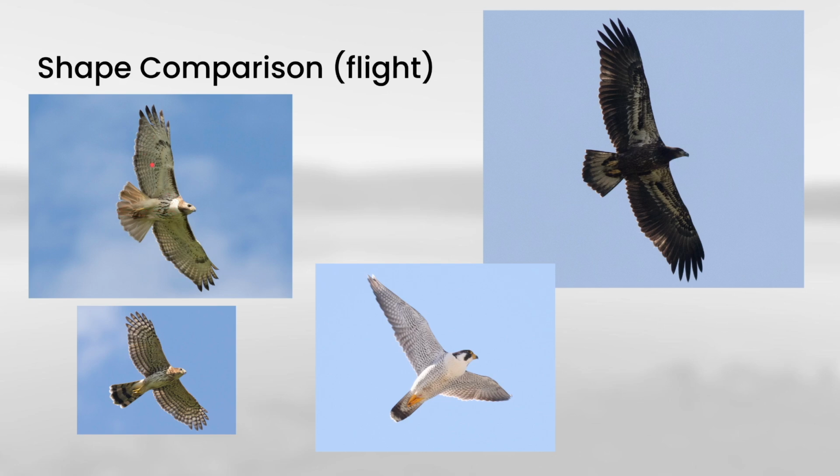And really, that comes down to the difference in behaviors, where red-tailed hawks are built to fly around more and soar and effortlessly fly around, whereas Cooper's hawks are more built to navigate through tighter spaces and navigate around trees and stuff like that. So they need to be able to change direction quicker. And eagles, of course, have very long wings, just an overall very powerful looking build, and they're darker underneath in general.